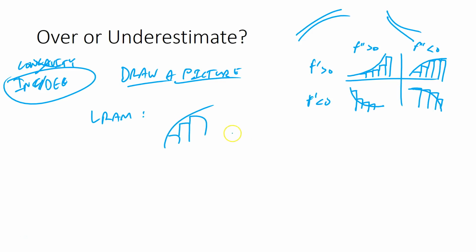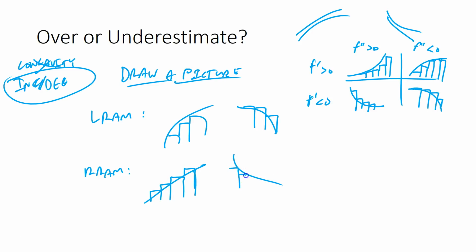If it's decreasing, something like this, it's going to be an overestimate, right? So we're just looking at whether we're getting too much area or not enough. RRAM is exactly the opposite. If we have something that's increasing, RRAM is going to be an overestimate. And if we have something that's decreasing, RRAM is going to be an underestimate.